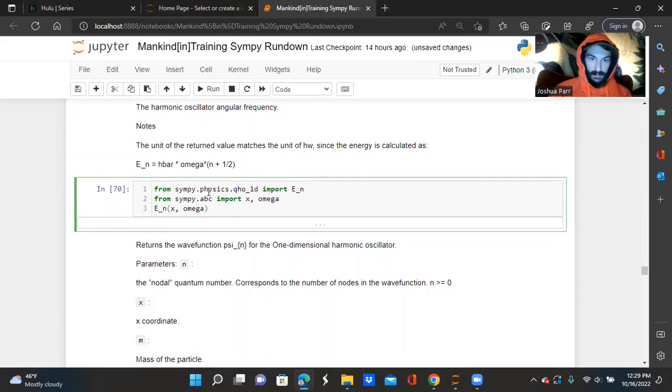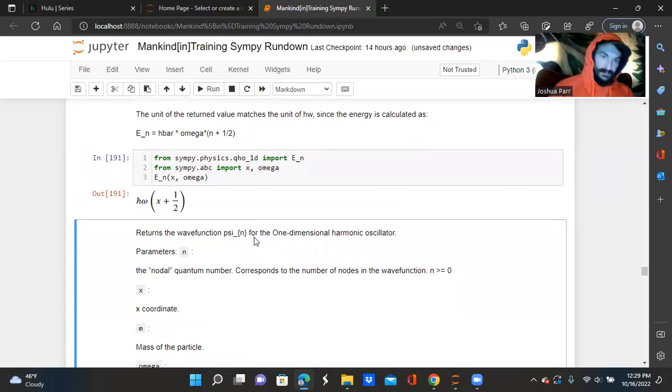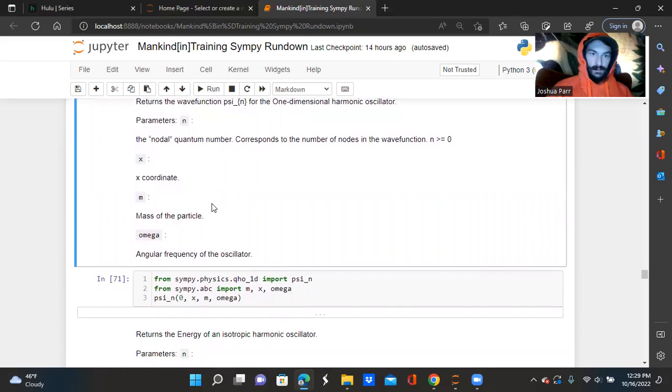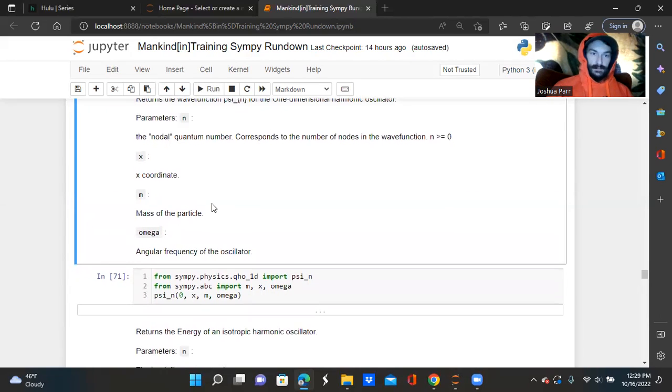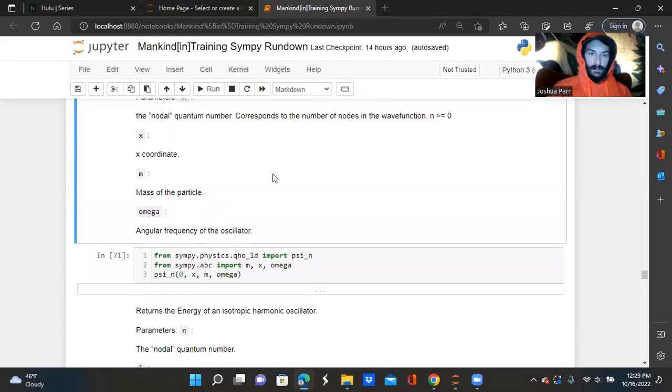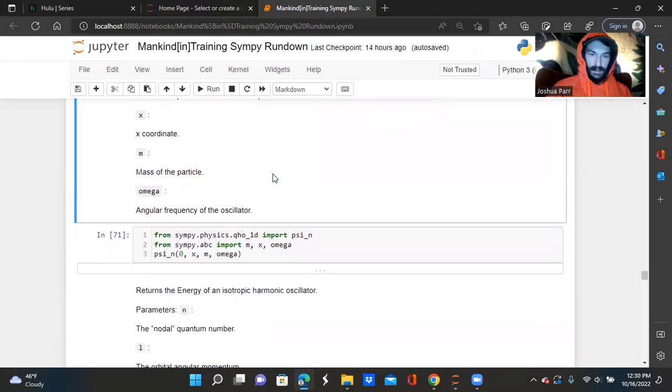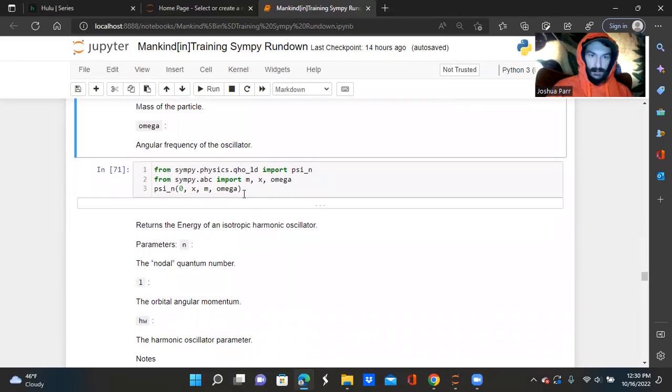So we're importing the quantum harmonic oscillator, one-dimensional, and the En. And here we are. We have h bar omega times n plus 1/2. And now this will return the wave function psi n for a 1D quantum harmonic oscillator, adding the x coordinate and the mass of the particle being m, and the angular frequency again being omega.